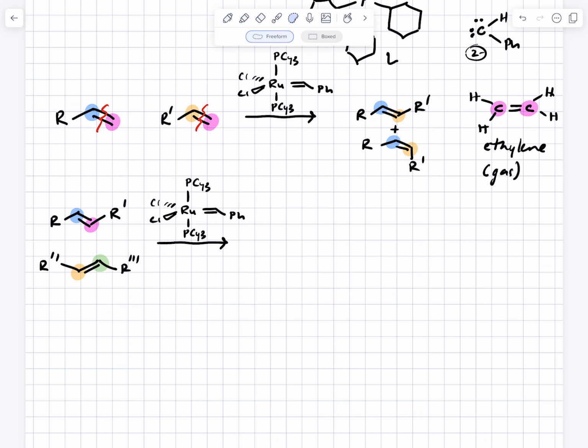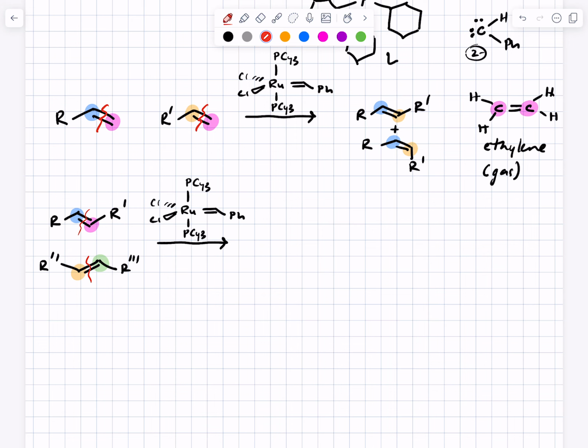If you don't have one partner that will remove itself from the equilibrium, and you attempt to do metathesis on these two starting materials, these two alkenes, you're going to get all the possible products.